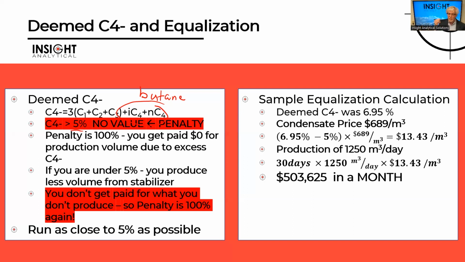Similarly, if you're under 5%, you've produced less volume from the stabilizer. You don't get paid anything for volume you don't produce. So again, the penalty is 100%. So what you need to do is try to run that stabilizer to stay as close to 5% as possible.